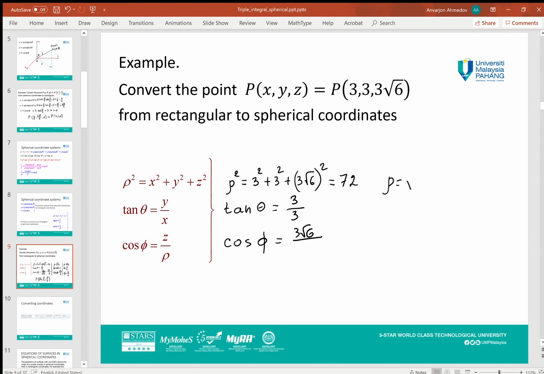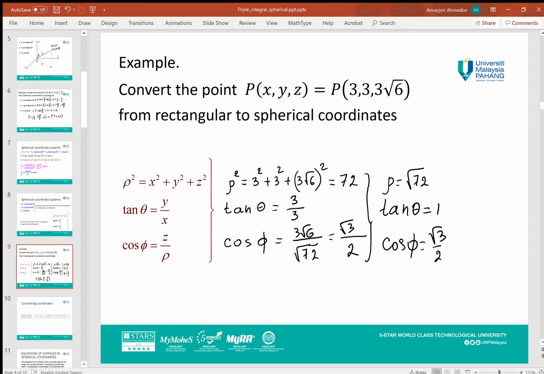We substitute, simplify and cancel the similar factors. Then we get the following value for cosine phi, and for tangent theta we get 1. Tangent theta equals 1, and cosine phi equals root of 3 divided by 2. Using a calculator, you can easily find the values of theta and phi.